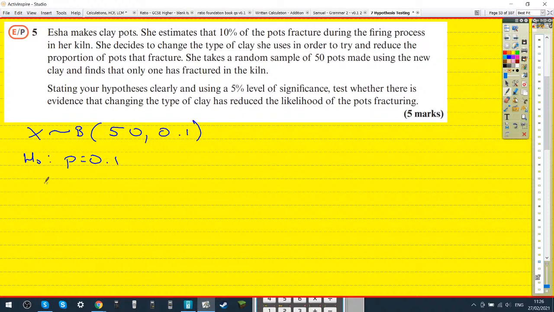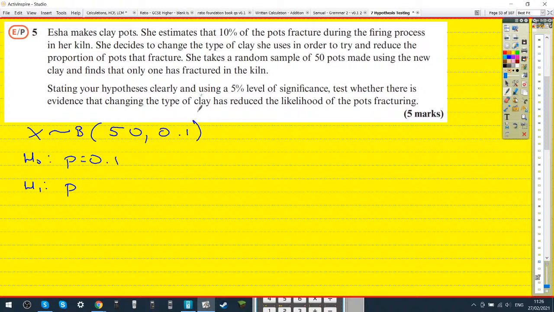And then the alternative hypothesis is p is greater than 0.1. Just want to say, she decided to change the type of clay to reduce the proportion of that fracture.